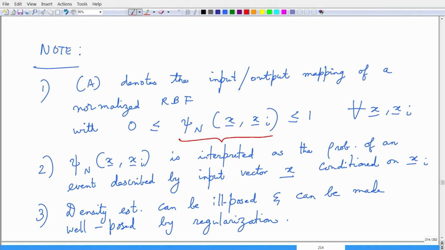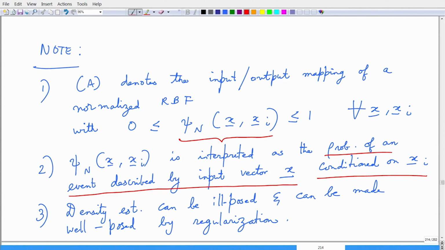And this quantity psi n of x comma xi, which you call a basis function, can be interpreted as the probability of an event described by the input vector x conditioned on xi. Though it is a function of x, if I give you an input vector x and a condition on xi, then I can interpret this as a probability.